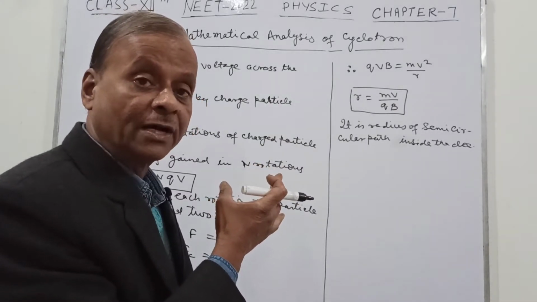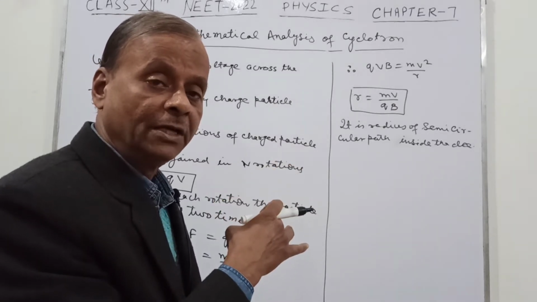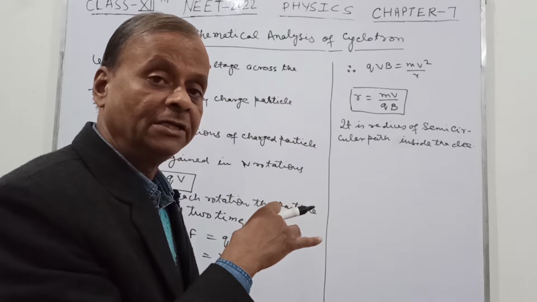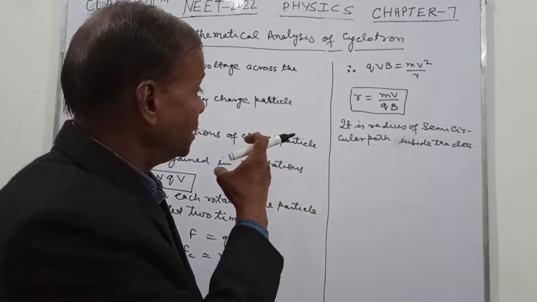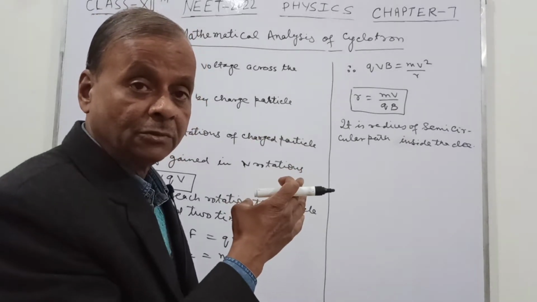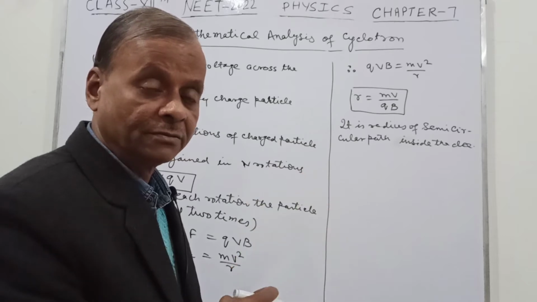But this value of r increases every time the particle crosses the gap and moves inside the D. So r becomes maximum when it is equal to the radius of the D's.